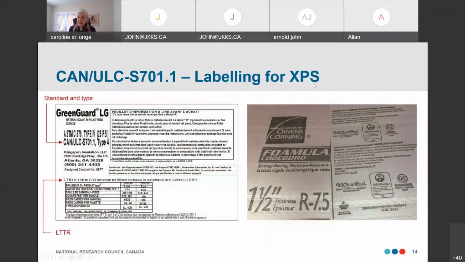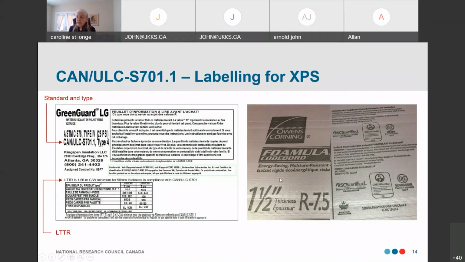For XPS, in terms of labeling, what is important is that they are showing the LTTR because it's XPS. So the LTTR must be shown for design values. Showing here the identification of the ULC S701.1 and the type, which is good.